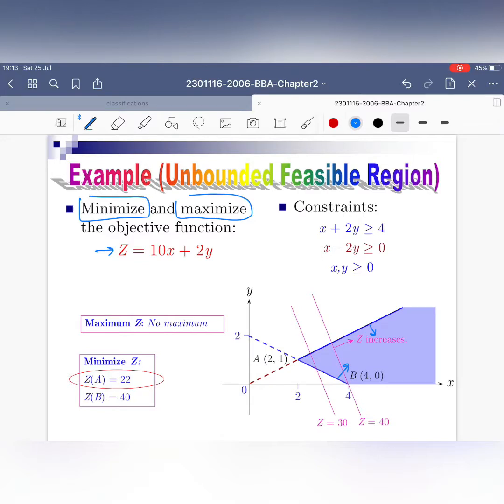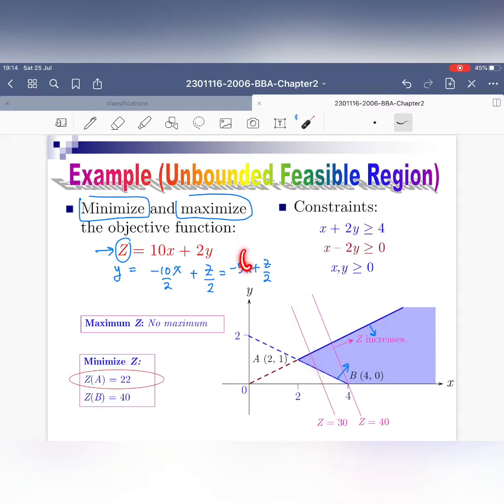So how are we going to do it? We will do the same thing. We just rewrite it in terms of y. So you have y equals negative 10x over 2 plus your z, the one that you need to maximize, over 2 again, or you have negative 5x plus z over 2.